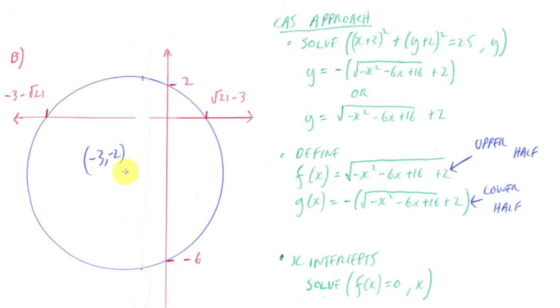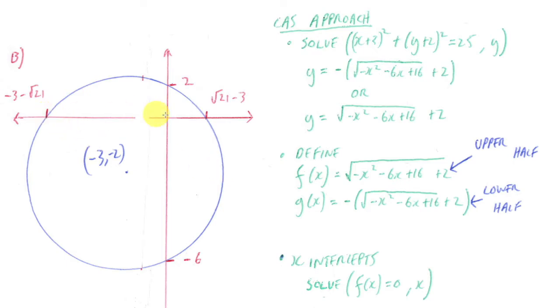As far as x is concerned, on the left-hand side, my furthest point is going to be -3 take away 5 to give me -8 just there. And as far to the right as I'm going to go is going to be -3 plus 5 to give me 2. So that helps me calculate my domain and range.